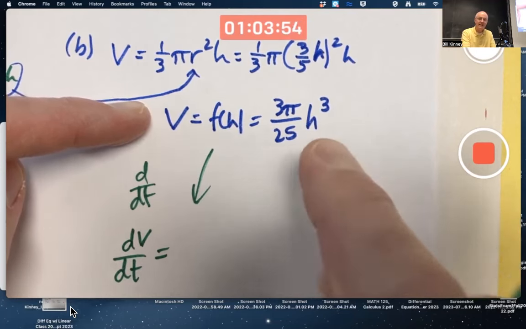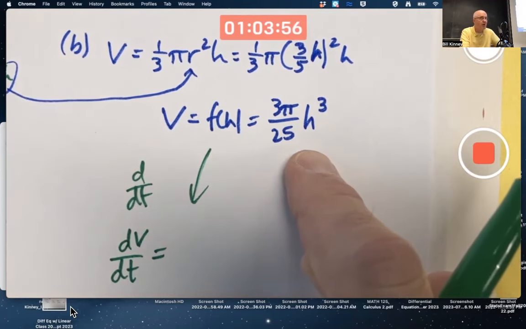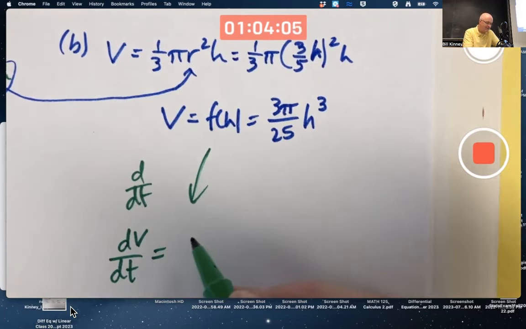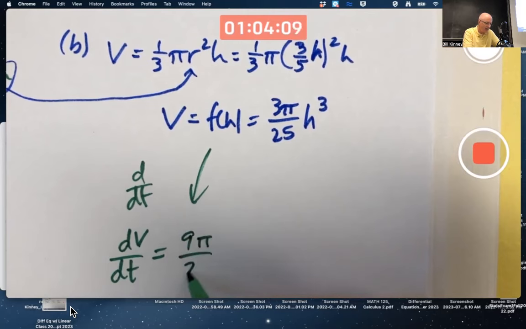And when you differentiate this side with respect to t, you do not get 0. You also do not get 9 pi over 25 h squared. Instead, you get 9 pi over 25 h squared times, by the chain rule, the derivative of the inside function, dh/dt.